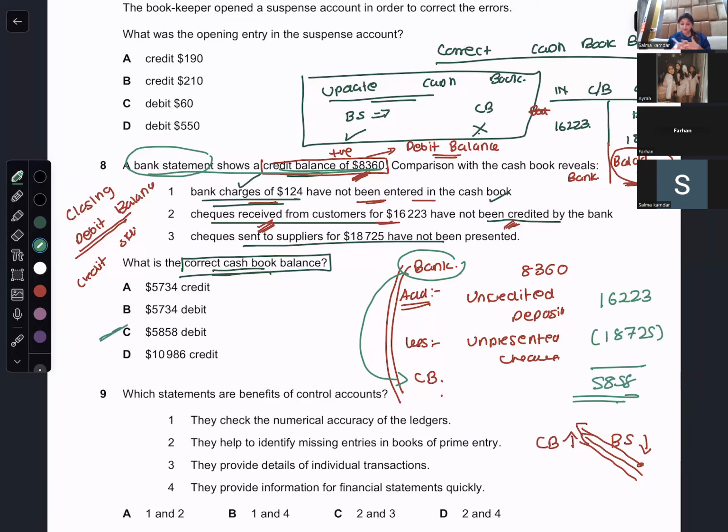The very answer is important to understand whether they want us to make the updated cash book or the BRS. First, we said we want a correct bank balance, so we thought we needed an updated cash book. We tried doing it, but we did not get the answer. That means they wanted us to prepare the BRS. So you should use your brains if somewhere you get stuck like that.